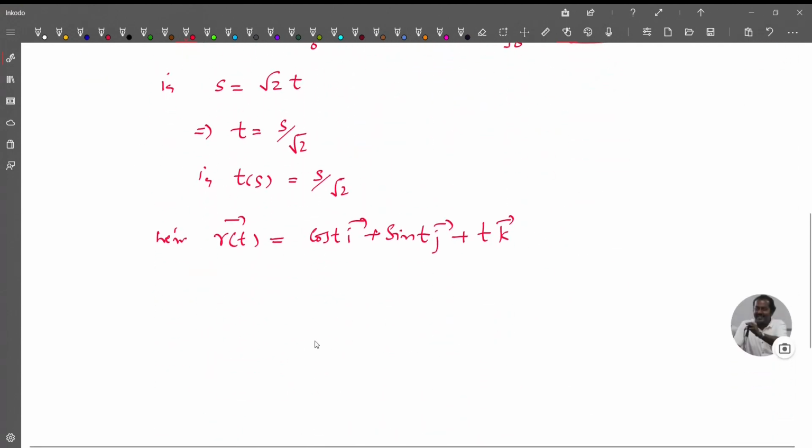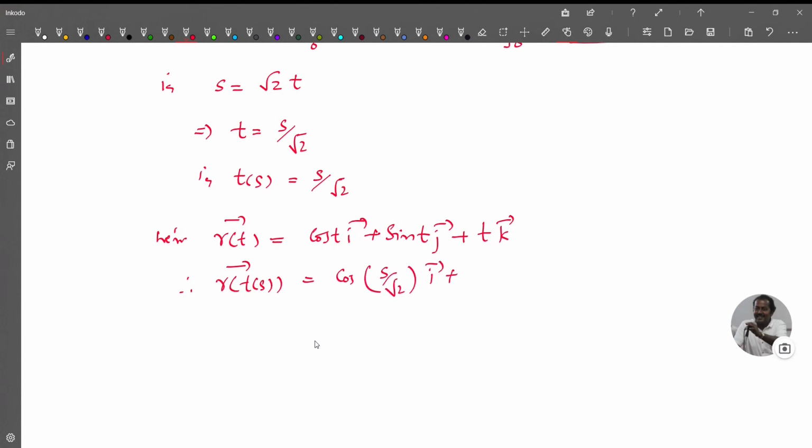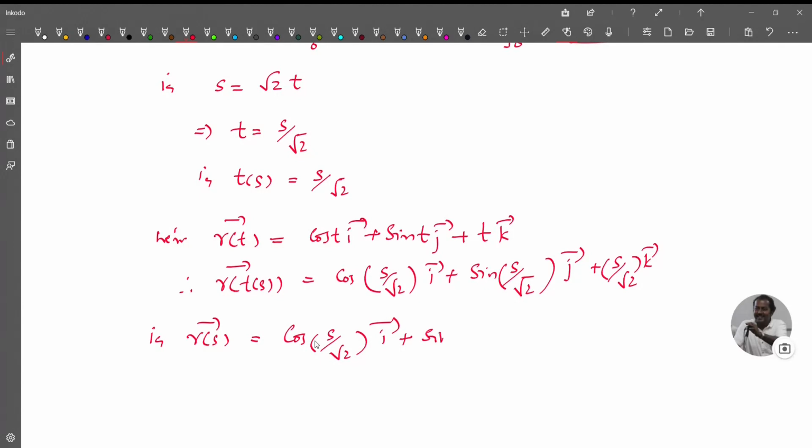Therefore, r of t of s, that is equal to cos s by root 2 i plus sin s by root 2 j plus s by root 2 k. That is r of s is equal to cos s by root 2 i plus sin s by root 2 j plus s by root 2 k.